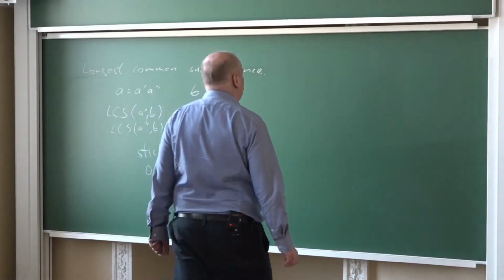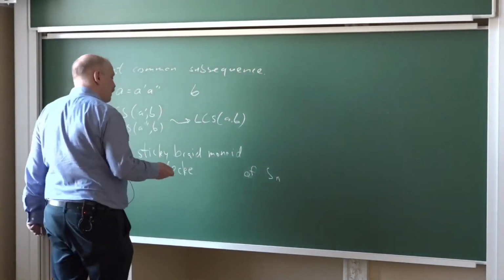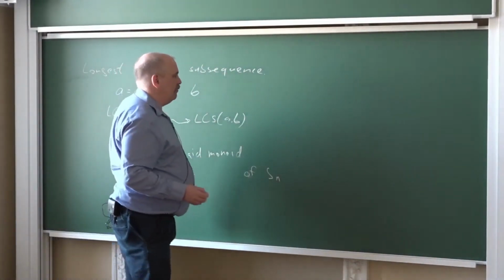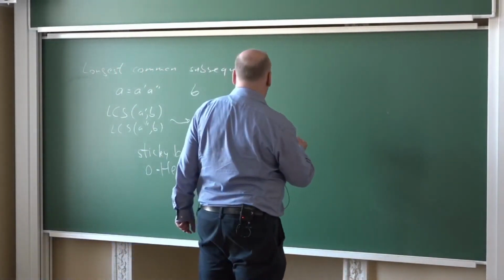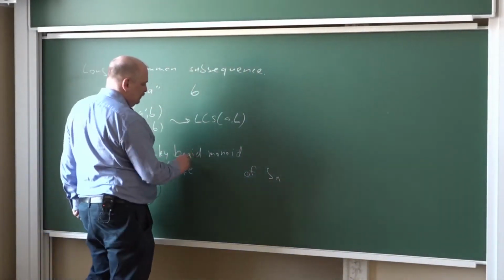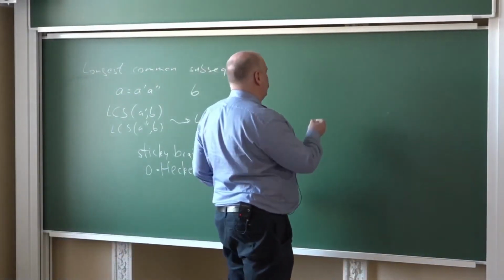So what is all this about? Well, I don't probably have time to describe, but let me just say that this is closely related to the classical braid group and is described by a braid-like structure.